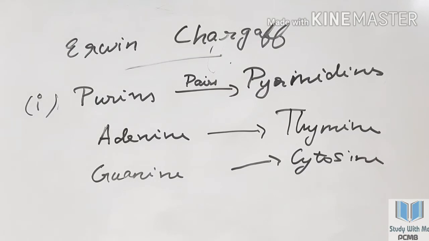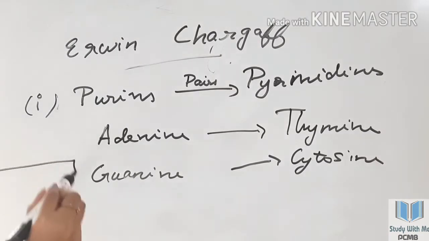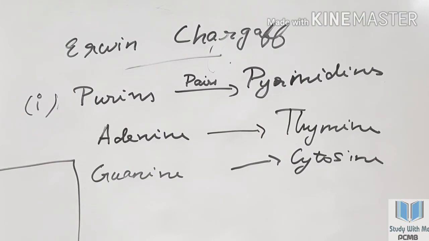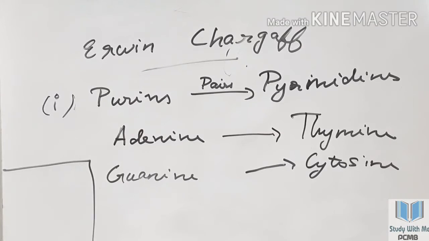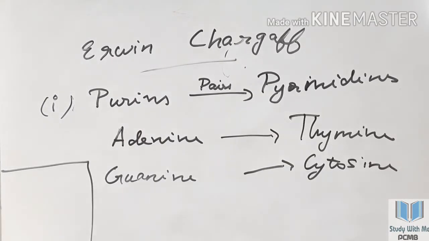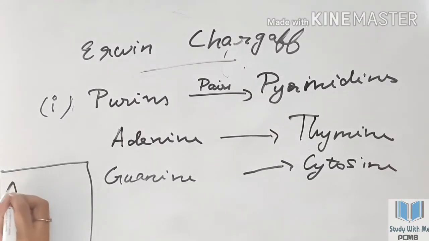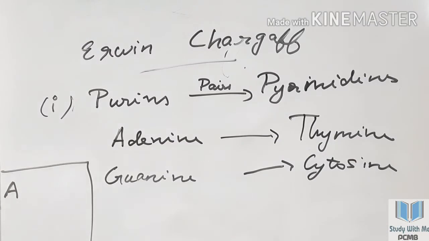It is very important. And one more thing I will tell you, it is not in our textbook. In this part, I am taking two paragraphs today. I am representing adenine as capital letter A and thymine as T. This is the pairing.